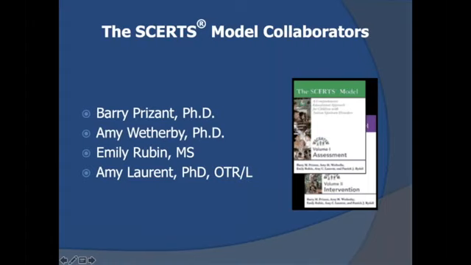And then Emily Rubin is a speech language pathologist who is amazing. She's at Marcus Autism Center in Atlanta, Georgia, and she has the good fortune of working with Ami Klin, who is one of the leading neuropsychologists in the field of social communicative disorders. One of the things that was really wonderful about Emily, as we were writing the model, is she had access to all of this kind of cutting edge neuroscience work that was being done.